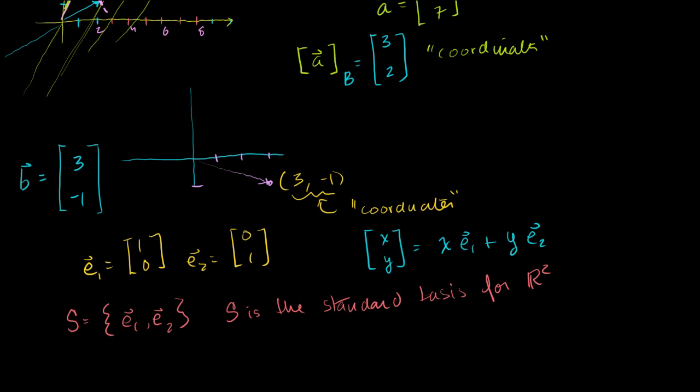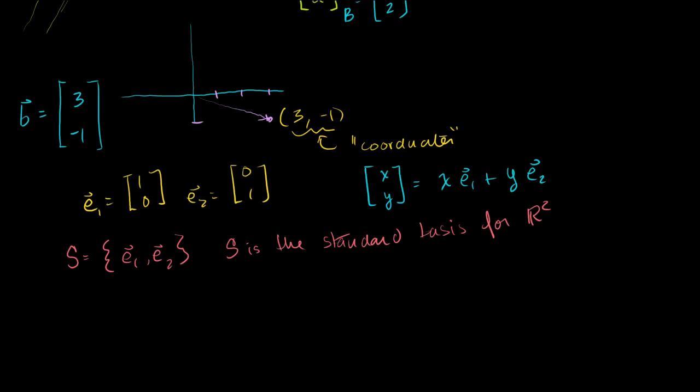So if you wanted to write some vector x, y with respect to the standard basis, it's going to be equal to the coordinates, by the definition that we did earlier in this video, of the basis vectors right there, or these weights on our e1s and e2s. So the weight there is x, and the weight here is y.